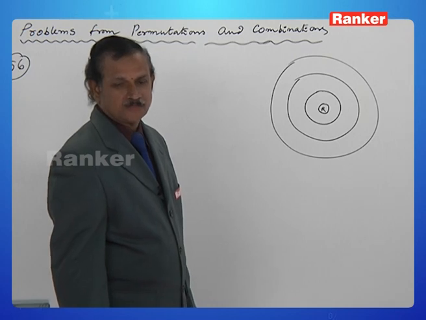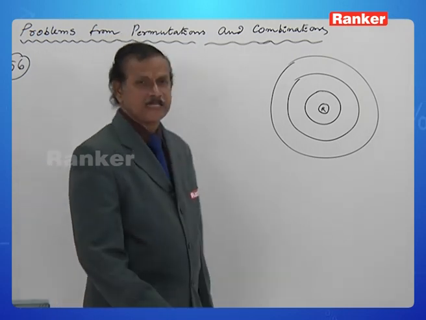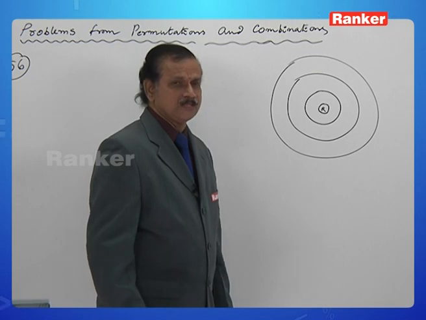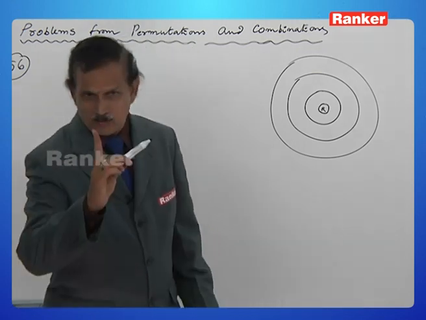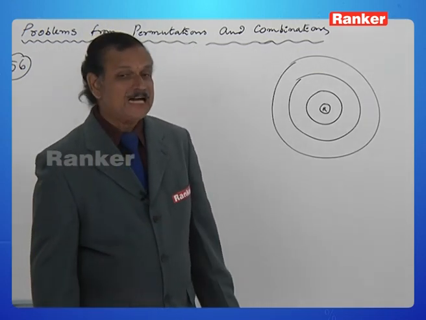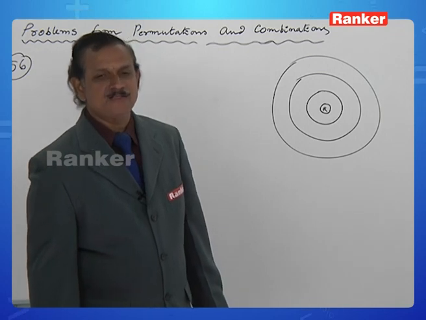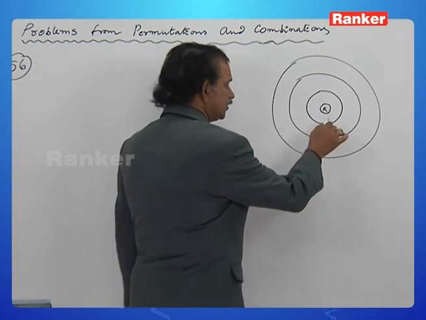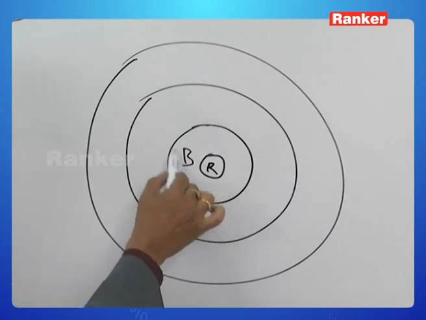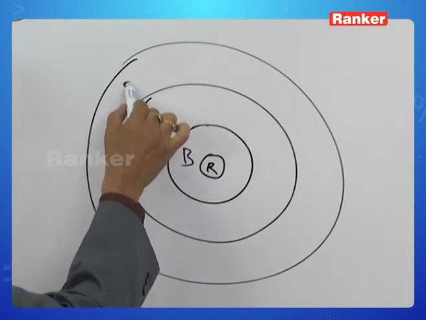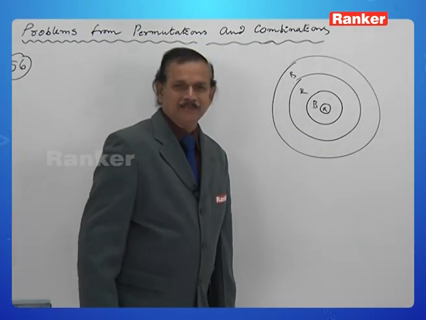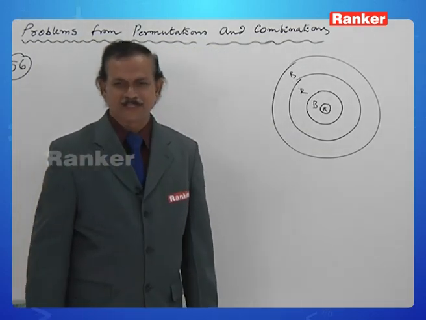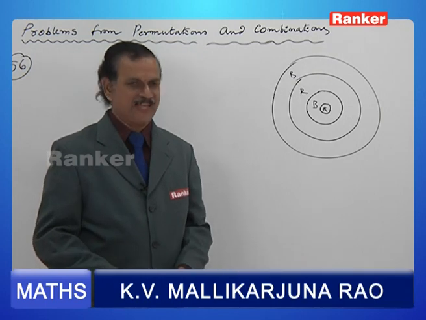The interior of the smallest circle. What is the smallest circle? The first circle, that is the circle bearing the radius 1 unit, is colored red, and the annular regions are colored alternately blue and red. What does it mean? This is red, but this is blue. This is red, so this is blue, like that. They have been colored so that no two adjacent regions are of the same color.